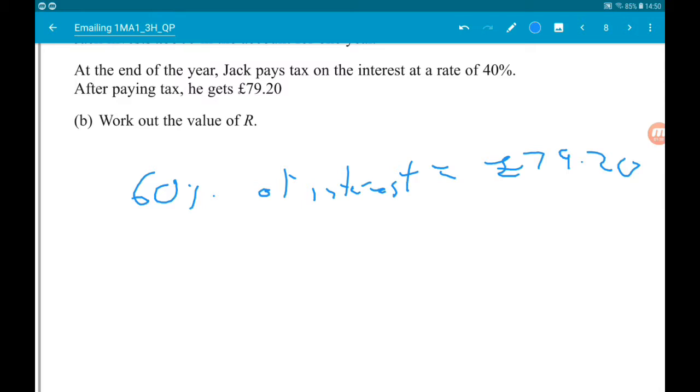So, from 60% we need to get to 100%. To do this, first of all we're going to divide both sides by 6 to get 10%. So 7920 divided by 6 is a number.